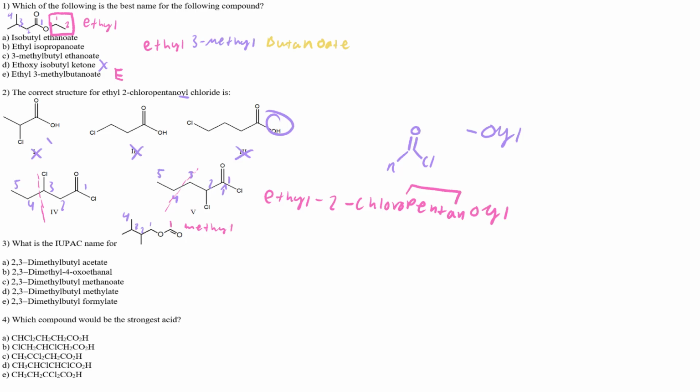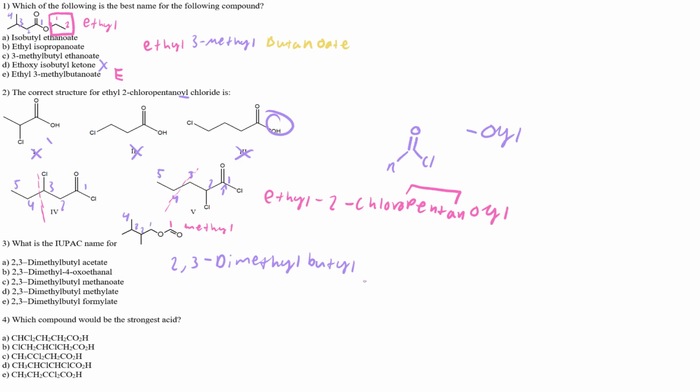Let's do this. So we have 2,3-dimethyl, right? And that's a 4 carbon chain, so it's butyl, dimethylbutyl. And we have methyl right here for this chain.